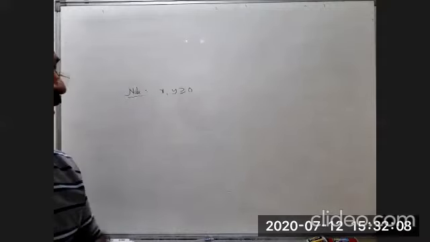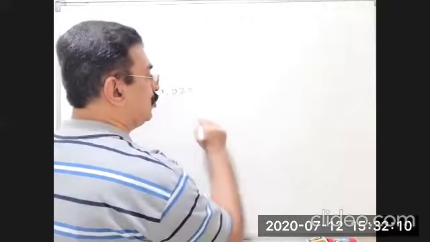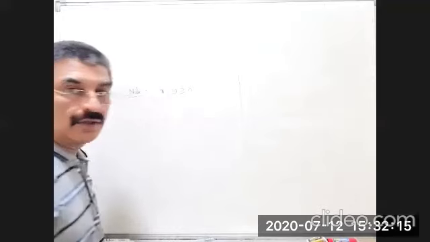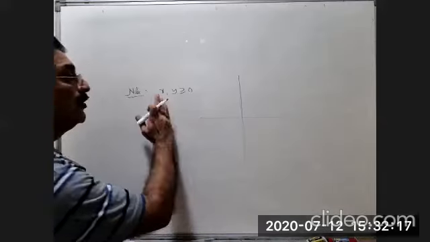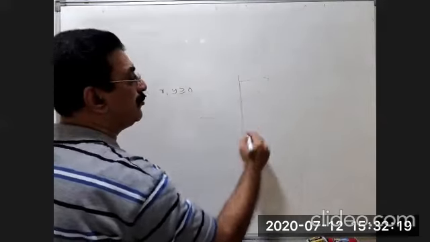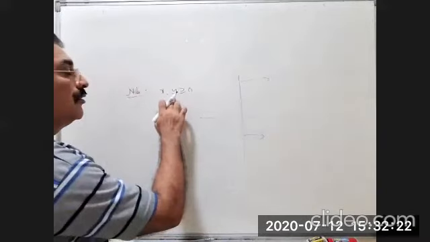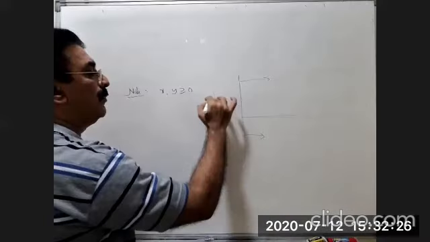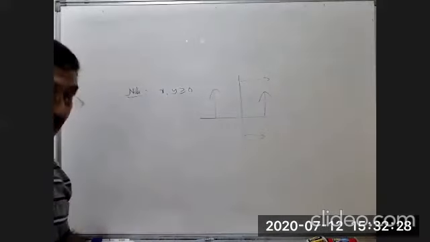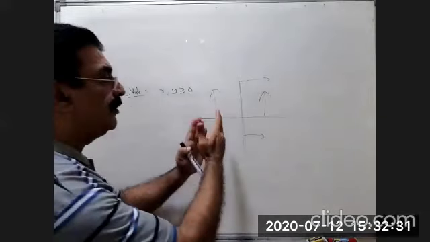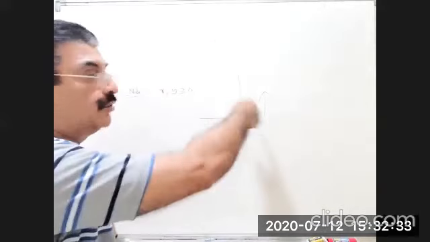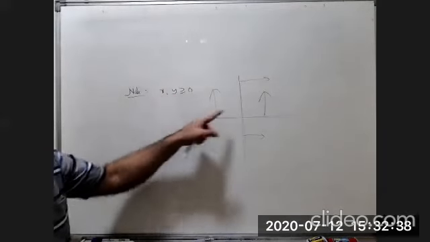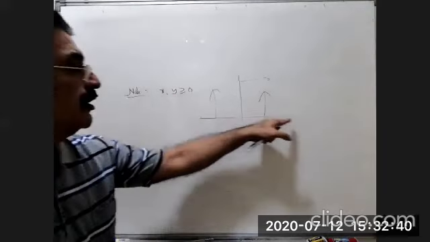The reason: x greater than or equal to 0, x equal to 0 means the y-axis. Greater than 0 means towards the right of the y-axis. y equal to 0 is the x-axis. y bigger means upward. So which is that common area which is coming towards the right and above? That's only quadrant 1, because in quadrant 1, the boundaries are the positive x and y axes.